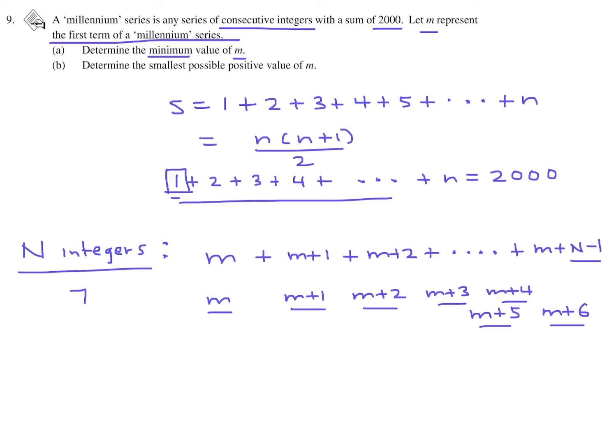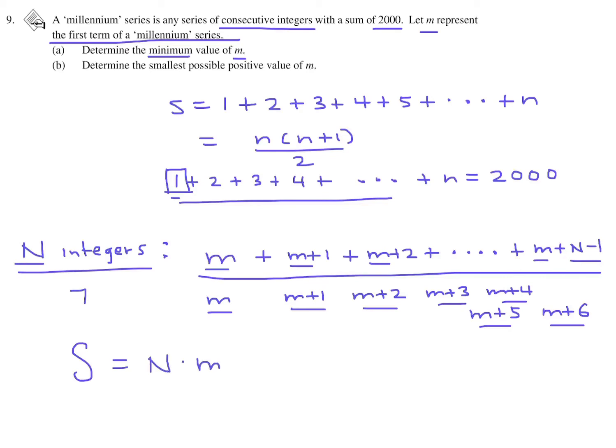All right, so I hope you understand that. Now we want to take the sum of this right here. Well, looks like we have to add up all the m's. And how many m's are there going to be? There's going to be n m's. So n m's. All right? Don't get confused. This is straightforward at this point. So now we have to add up 1 plus 2 plus 3 all the way up to n minus 1. So I'll write that out first. 1 plus 2 plus 3 all the way going up to n minus 1.